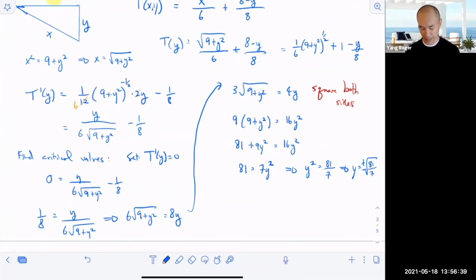So this really means that y is equal to, the square root of 81 is 9, so this is 9 over rad 7. This will be our critical value. That's not my final answer, but it's a critical value. Any questions about this?